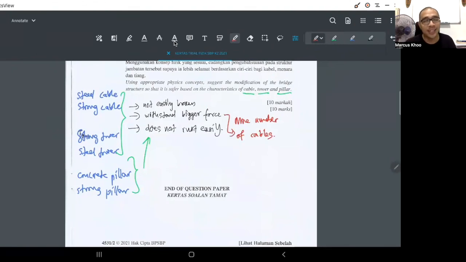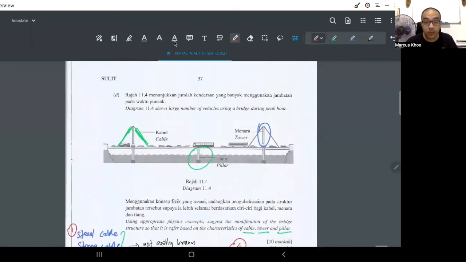The same reason, withstand bigger force, or you can also say to increase equilibrium, menambah keseimbangan. Okay, so hold on, 1, 2, 3, 4. Another one would be the tension of the cable.